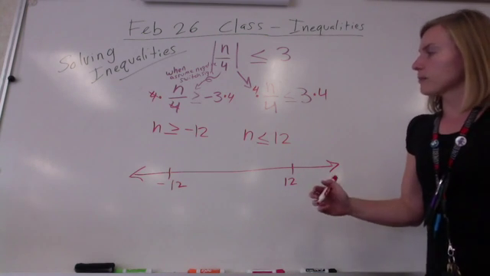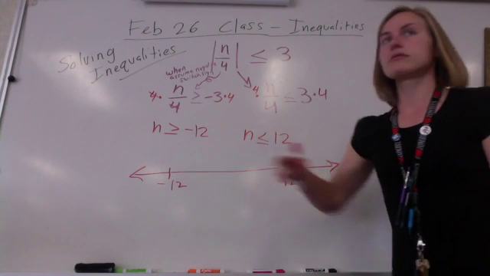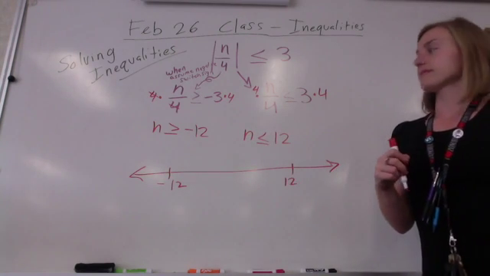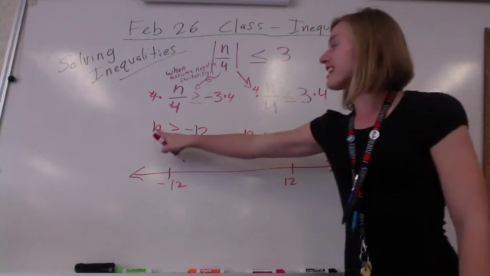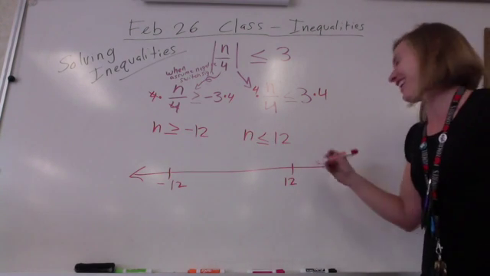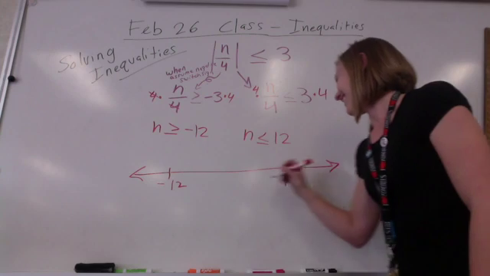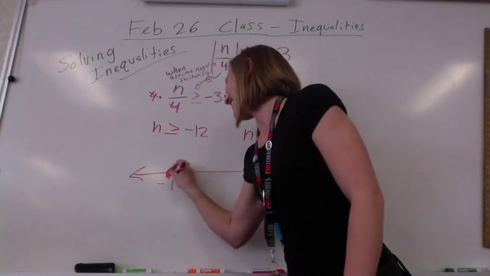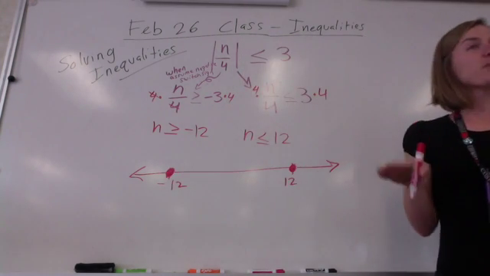So, Brian, open or closed circles? Closed, because n can equal -12 and n can equal positive 12. So both of them are closed circles.